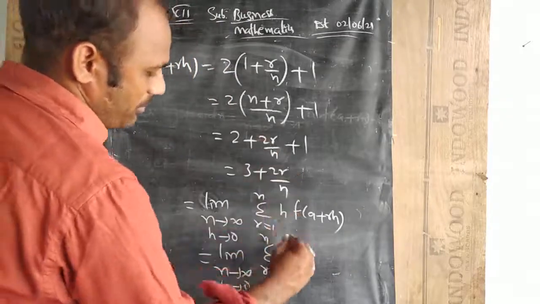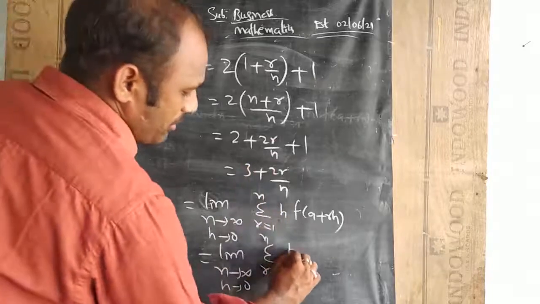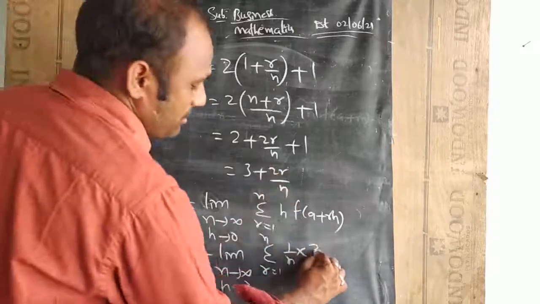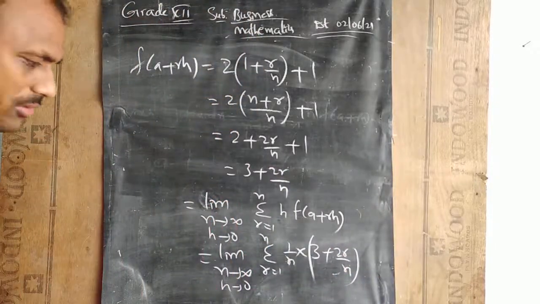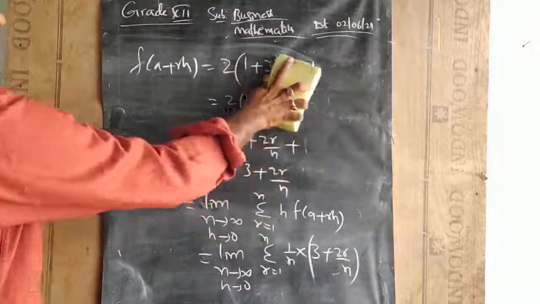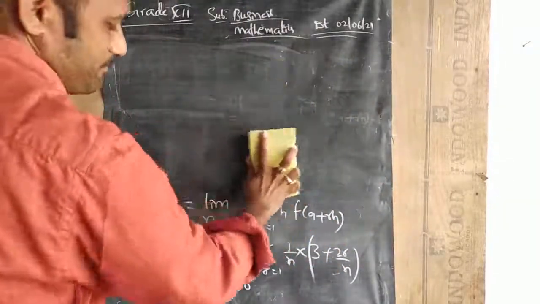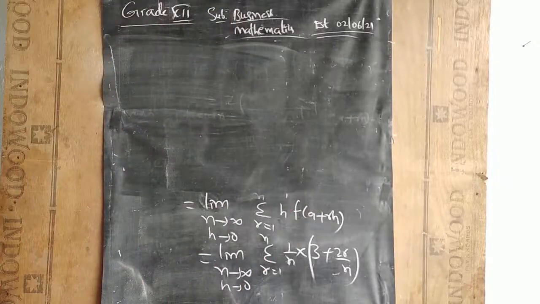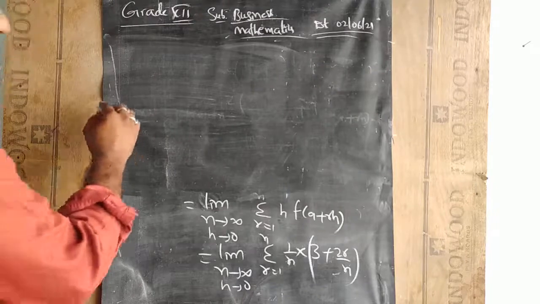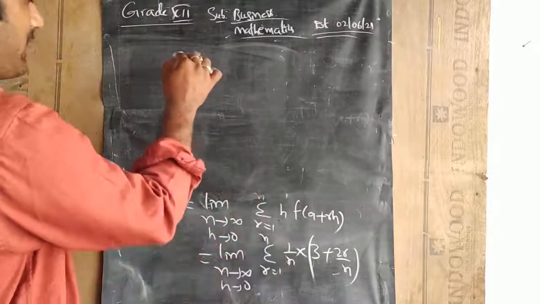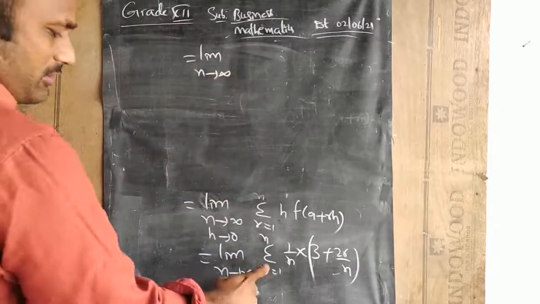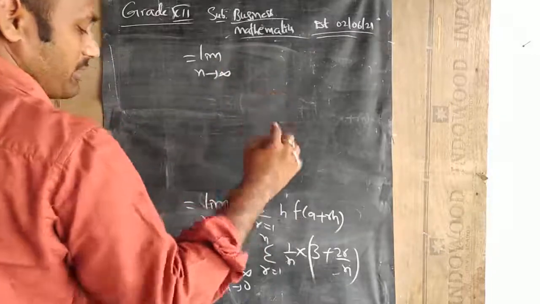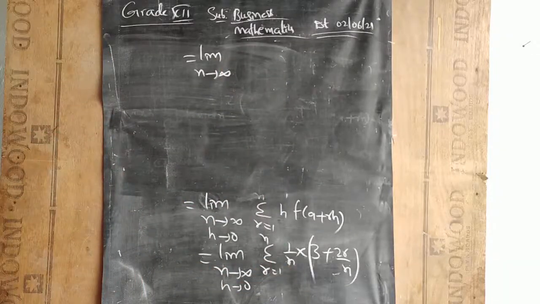What is the value of h here? 1 by n, into f, which will be 3 plus 2r by n. This can be written as limit n tends to infinity, summation, we can take 1 by n outside.